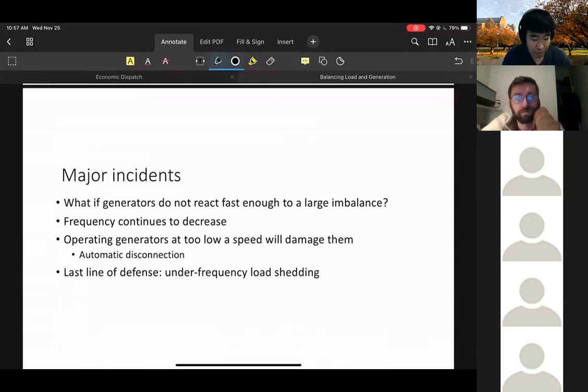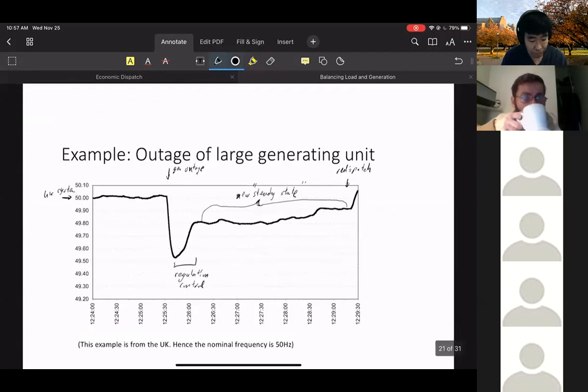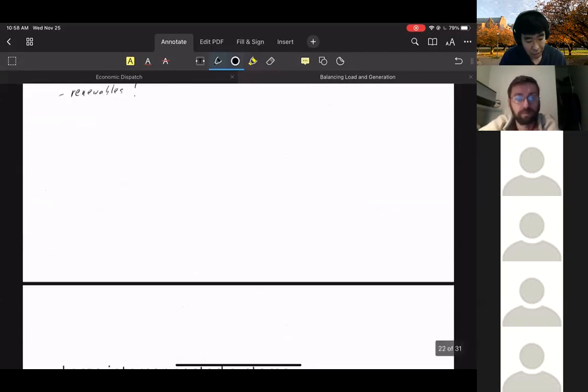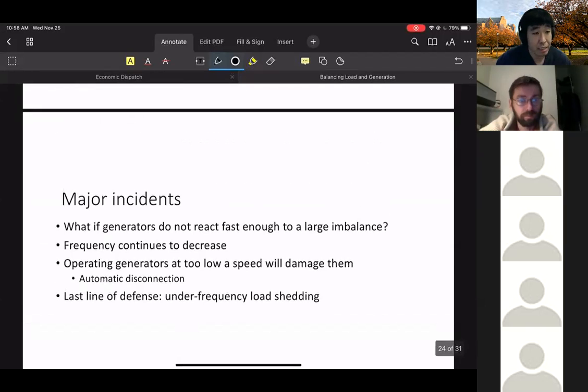So basically, what happens when the frequency deviates too much? If there's a large net load increase, either from a generator fault or you just have a large load increase, then what happens if the generators are not fast enough? What you worry about is this first dip. If you cannot recover fast enough to bring the system into a new steady state, then the frequency just keeps decreasing.